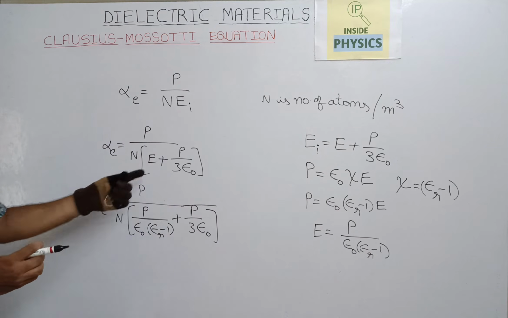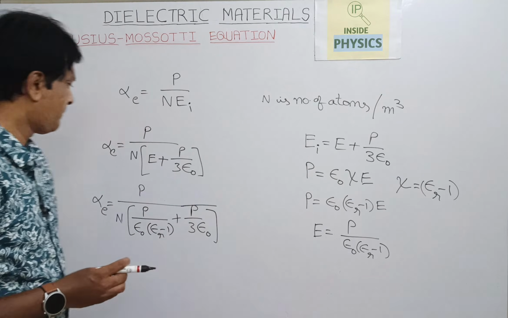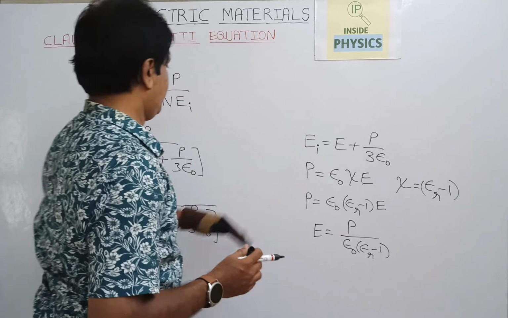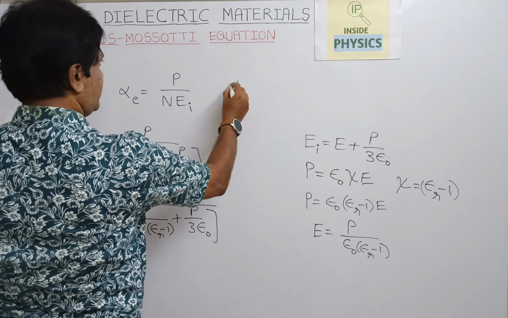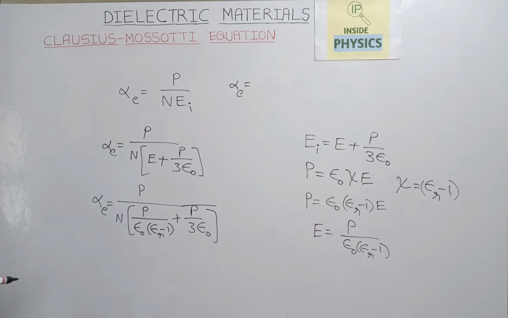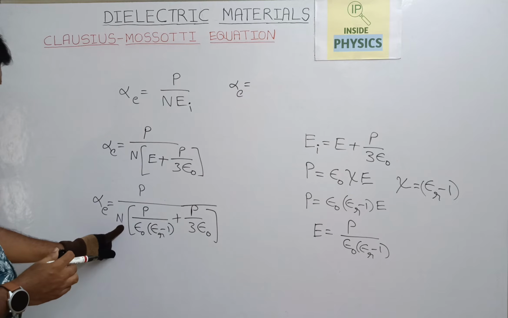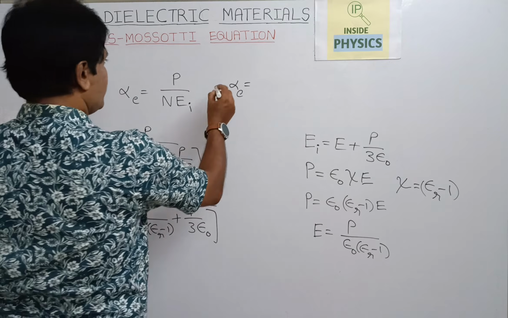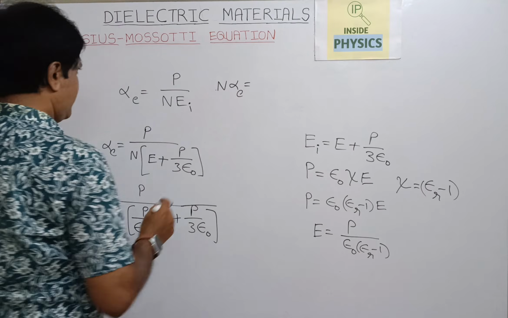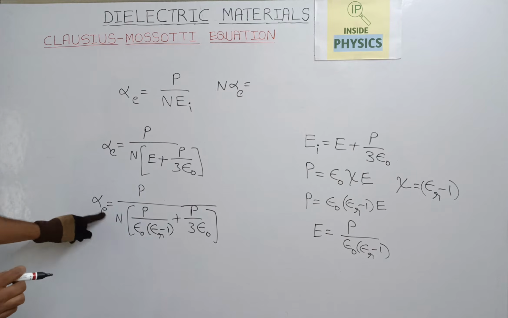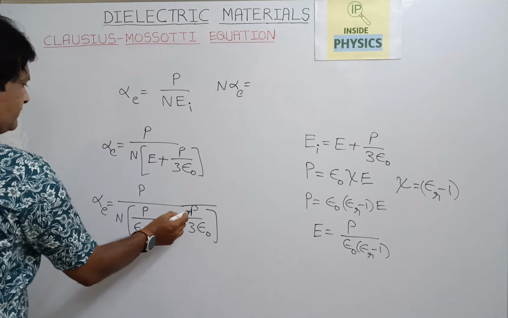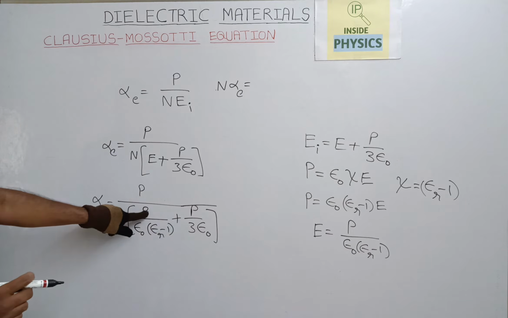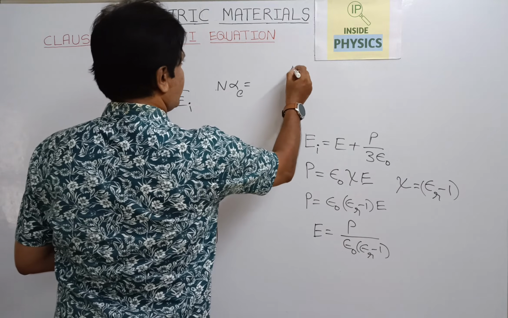Okay, substituted E from this. Now how will we get the next term? Alpha e is equal to that; here N will go to the left hand side. Then we will get N alpha e is equal to, N moved to this side, and the P value is taken outside.